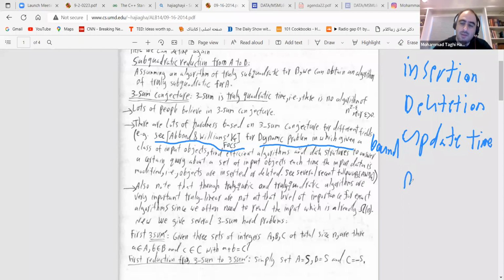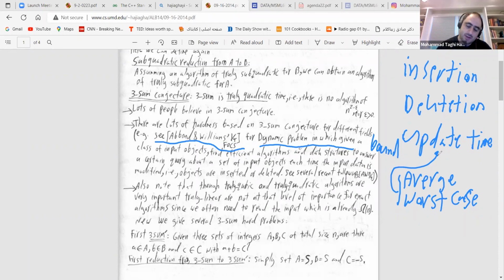Often we try to get some kind of average or worst case update time. That's the main difference. We have the insertions and deletions, and we want to make sure that at any time the final graph is the graph that we have after all insertions and deletions, and we want to make sure that the average or worst case update time is bounded.